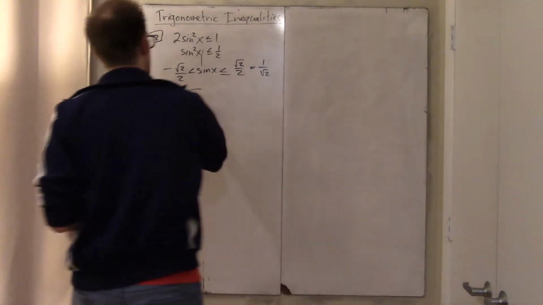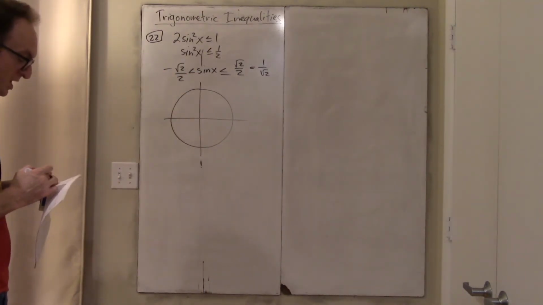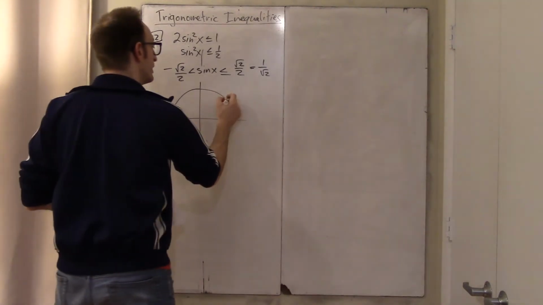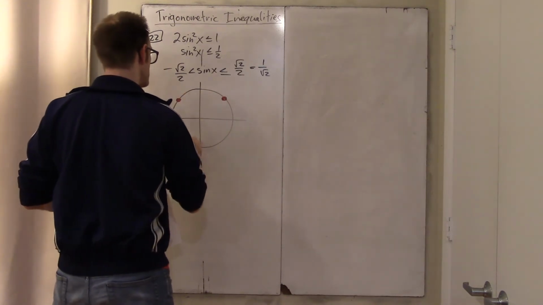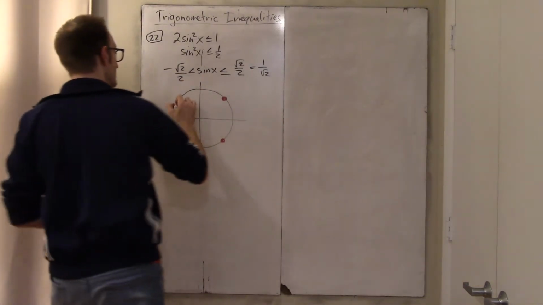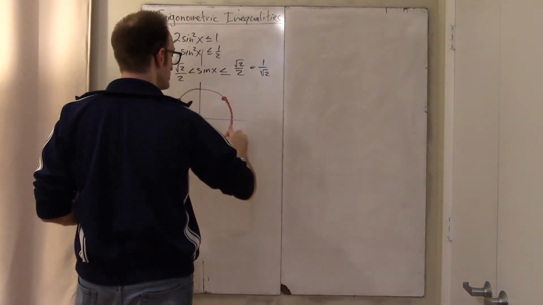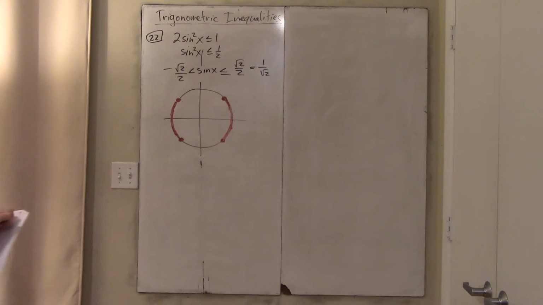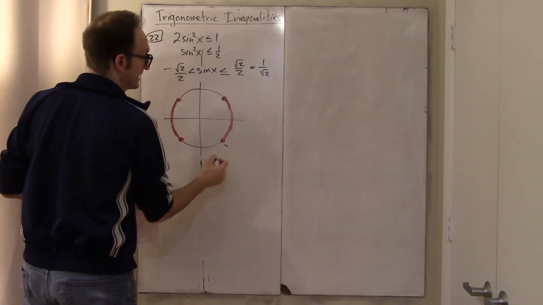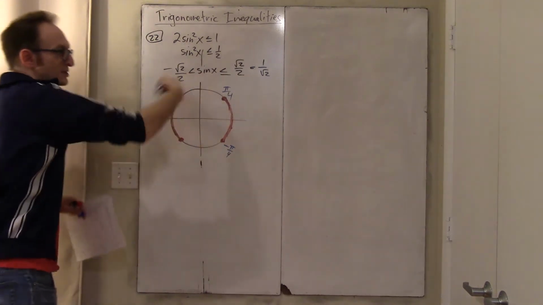Okay, so I draw my unit circle, and I ask, when is sine between negative root 2 over 2 and root 2 over 2? When is sine equal to those numbers? That's at pi over 4, and so on. The sine is the y-coordinate, so when is the y-coordinate in between those two, the temperate zones, so to speak. Here, negative pi over 4 and pi over 4, so it's all those, and then that's just going to repeat every pi.